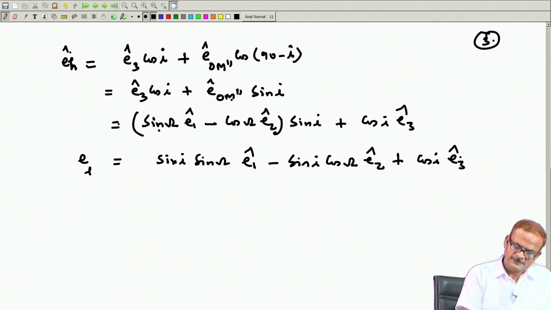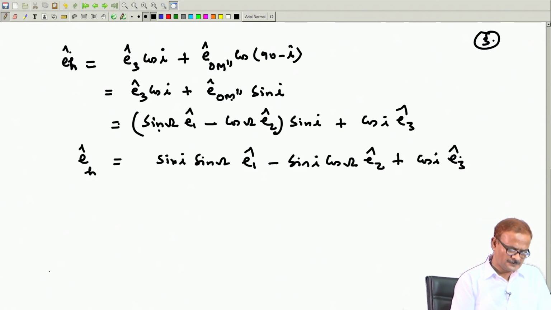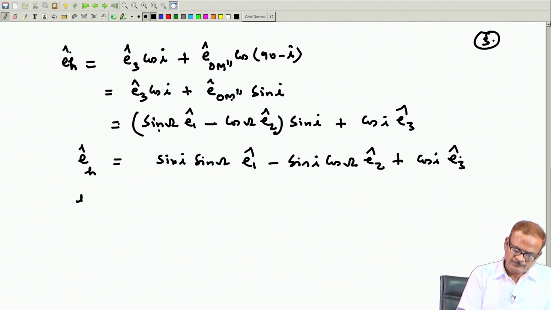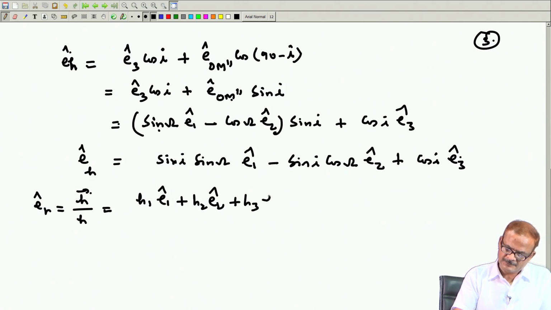So, this is E h cap, the unit vector along the h direction. Once we have got this, h vector we already know, this h vector E h will also be equal to h by h. So, h we have already written, this is h 1 times E 1 cap, h 2 times E 2 cap plus h 3 times E 3 cap divided by h.